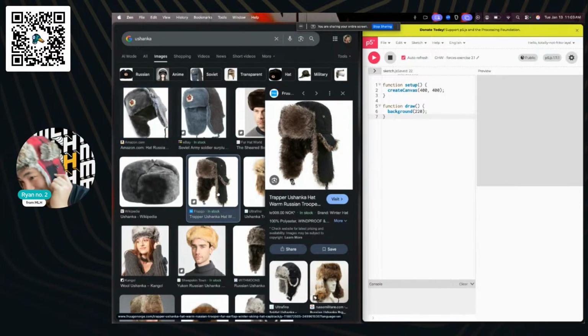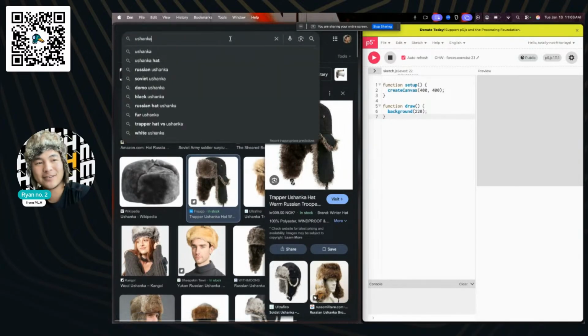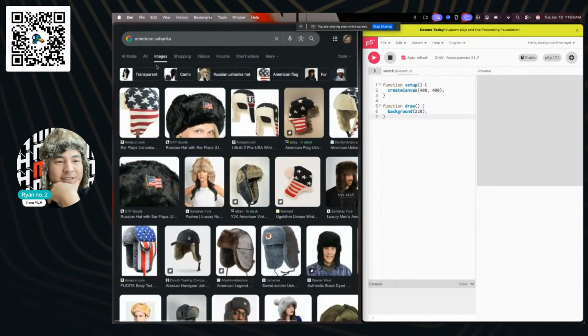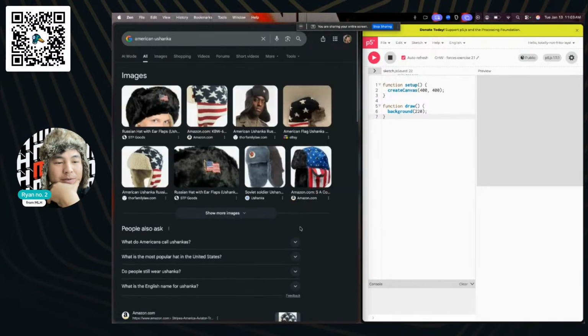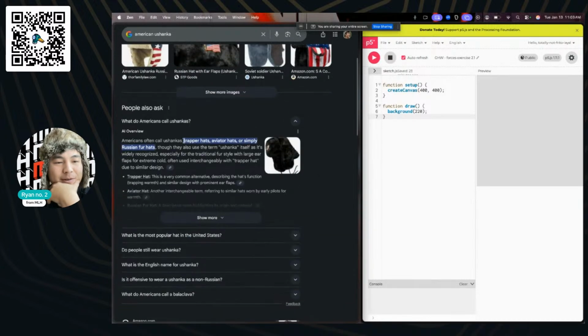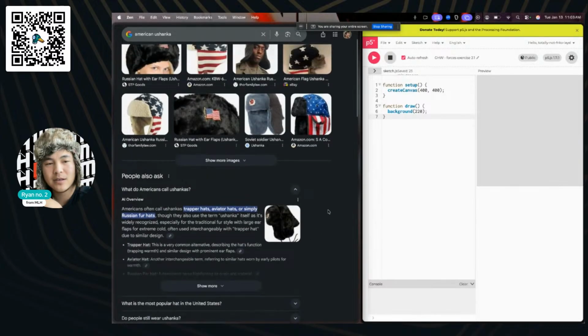It didn't have the same plaid pattern that this one has. Then I found out that there's an American version. I think this is just called a hunter's hat, or maybe my Google-fu is pretty bad. Yeah, there we go. Trapper hats. Or I guess it's also still called a Russian fur hat.